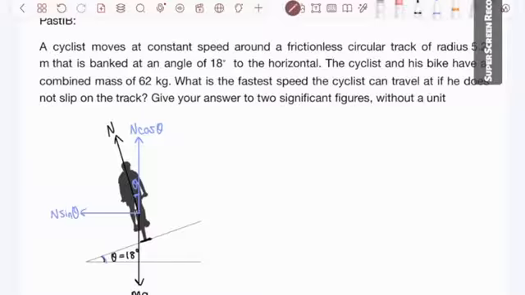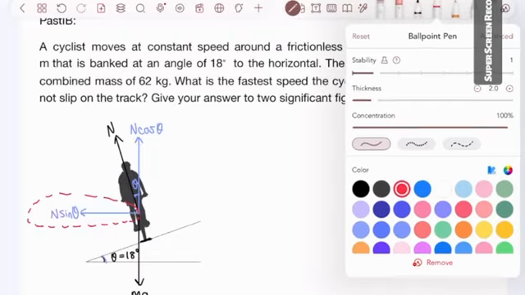And as you can see, the circular motion of this object would be sort of like that. And now we could easily see that n sine theta is what's providing the centripetal force in this particular question.